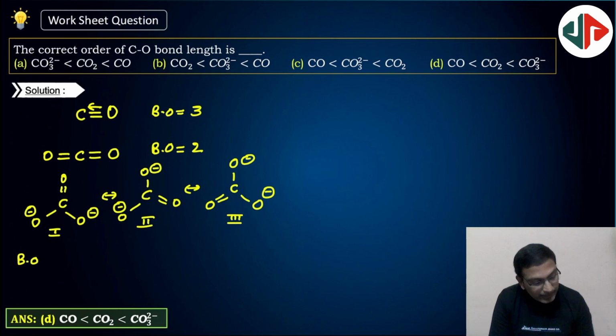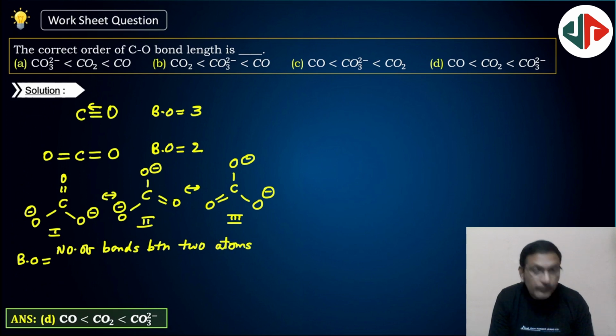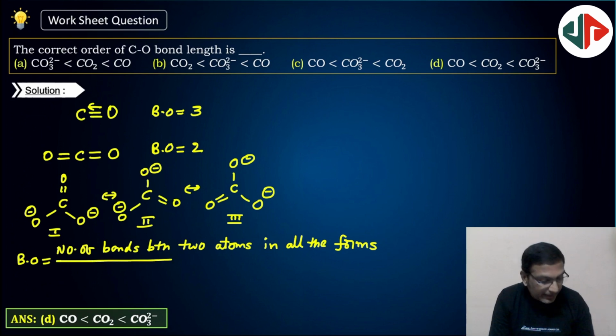So bond order in case of resonating structures is the number of bonds between two atoms in all the forms, divided by number of forms.